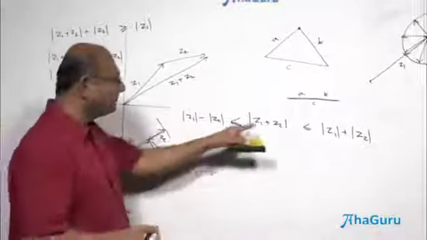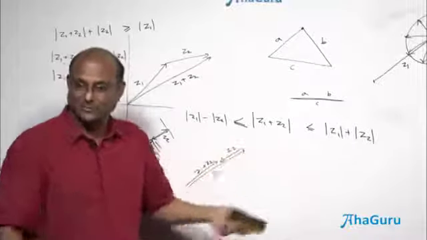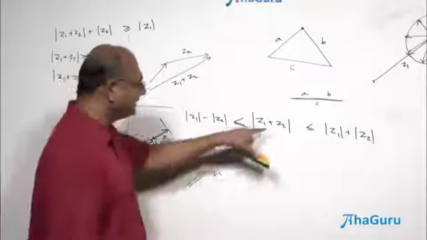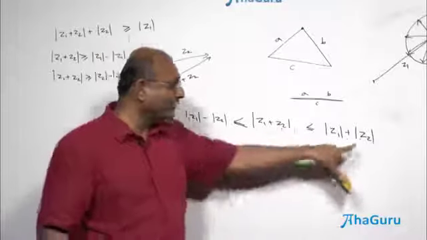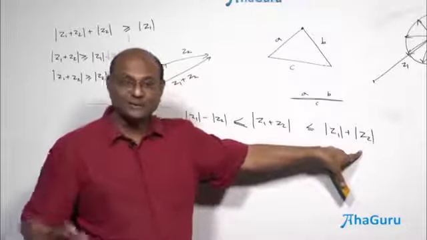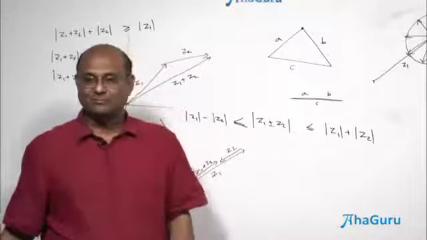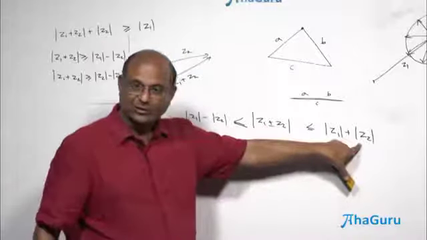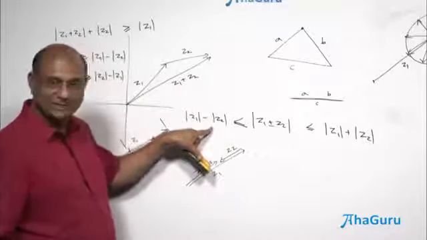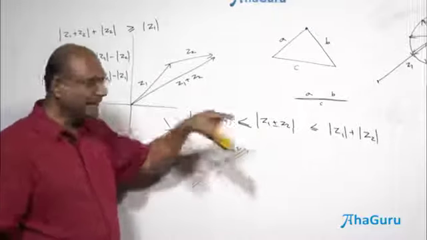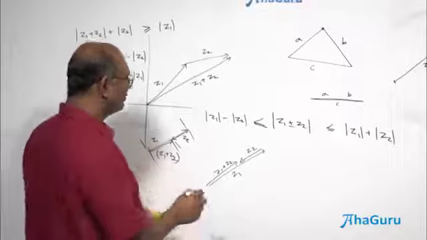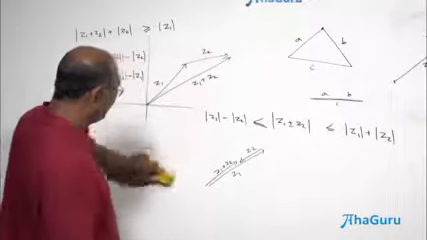Actually, it's not a big deal, because you can just replace Z2 by minus Z2. I can cheat. I can just say, instead of Z2, think of it as minus Z2, because modulus of Z2 and modulus of minus Z2 are the same. So I could have put a plus minus Z2, because then I can still continue to hold this. I'll get the same answer. But if I didn't want to do that, I can rederive it.